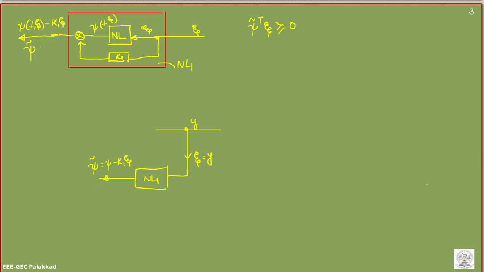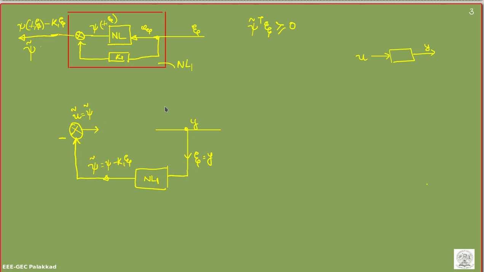Now when I feed this back to the actual system, what is my new u? It is negative, so my new u, u tilde, is equal to psi tilde. When I give u to g of s, the output is y, which I need to feed to nonlinearity 1.